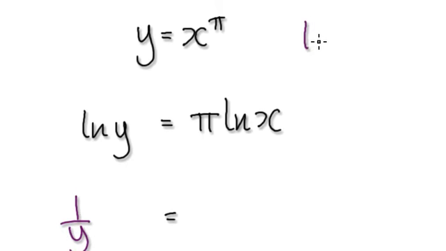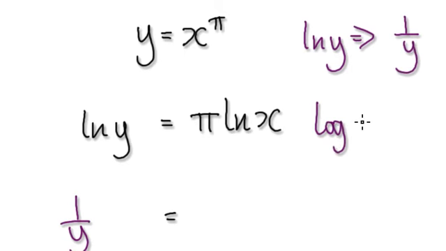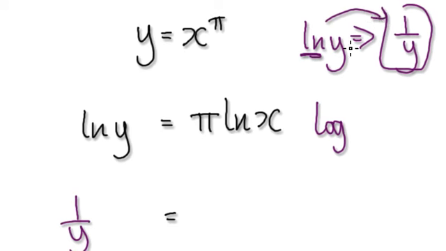You see, when you differentiate the natural log of y, it will give you 1 over y. But if you use log of y, you can't. When you differentiate it to give you 1 over y, it only works with the natural log. That's the beauty of it being the natural log. We created something to be simple so that we can differentiate it.